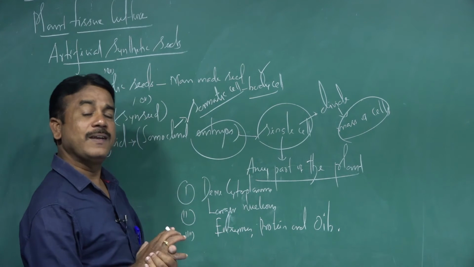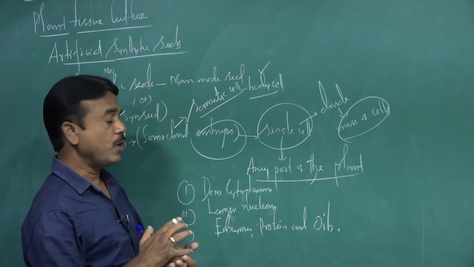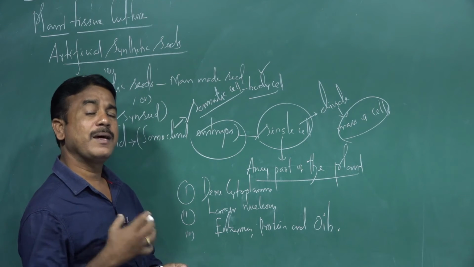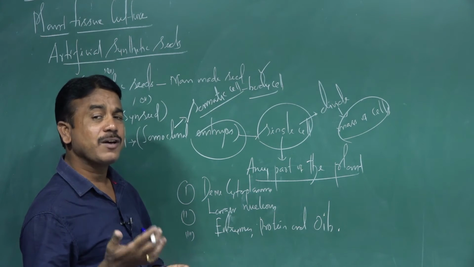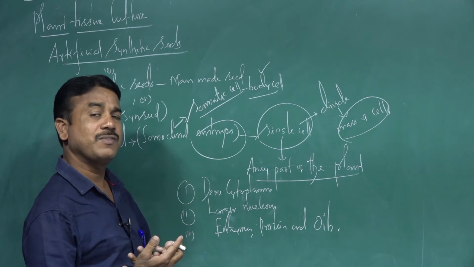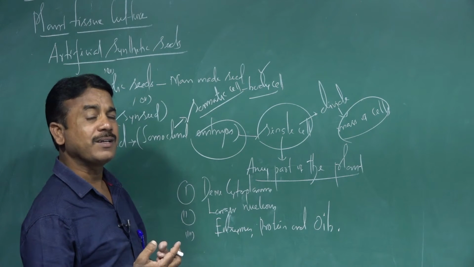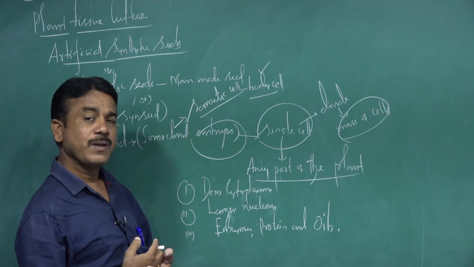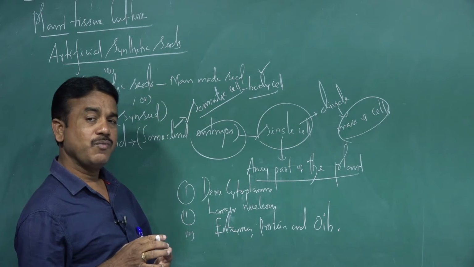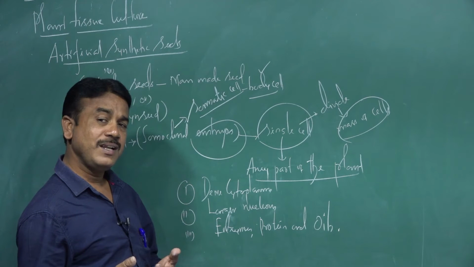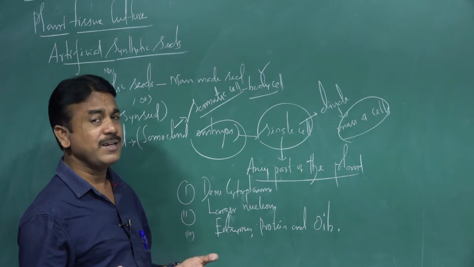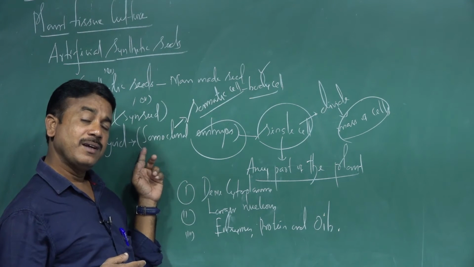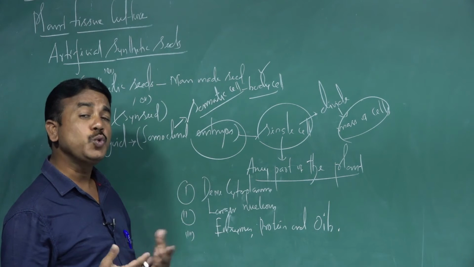In artificial seed production, a number of inert materials are used. What do we call inert? You know this from the chemistry lecture. Inert means the substance will not activate either physically, chemically, or biologically. That is called inert material. For the production of artificial seed, different kinds of inert materials are used.